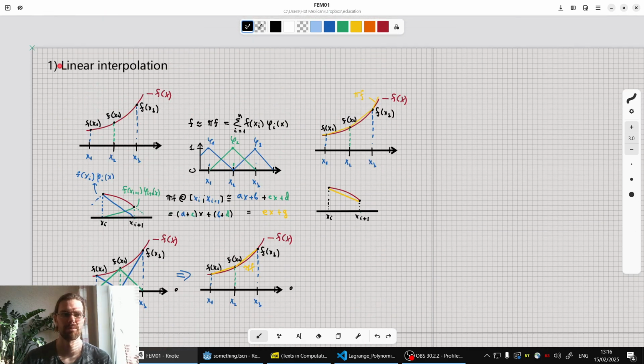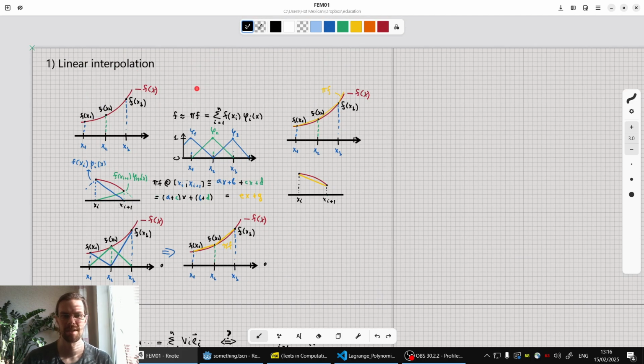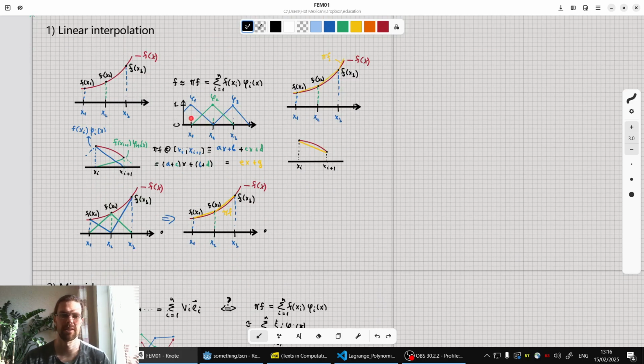So we discussed linear interpolation. It's very simple, but it's very heuristical, it's just very mechanical. It doesn't have any beauty, any kind of minimization.